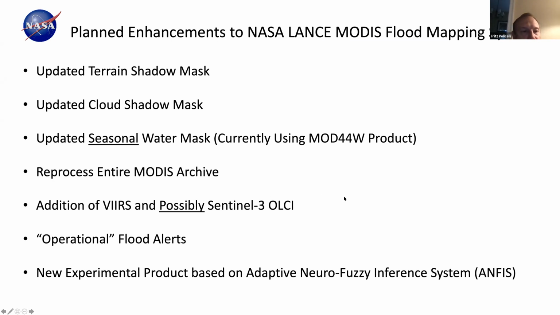So additionally, the third bullet there, we've been using for a very long time now MOD44W by Mark Carroll as our water mask. And we're going to create a new water mask using the water identification algorithm that we use. It actually comes from Bob Brackenridge at DFO originally, using the red and near infrared bands.